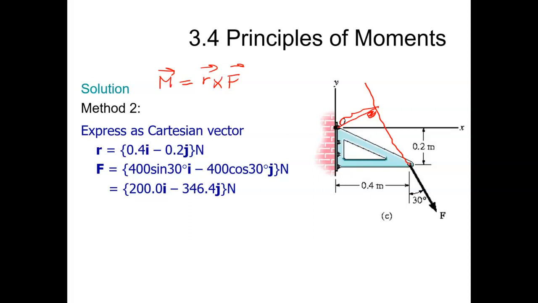So what is r? R is the position vector from here to here. How do I write the position vector? I want to go from point O to this point. First, I draw negative 0.2 j, and then positive 0.4 i. That is the position vector. What about the F? F is negative this component j, positive this component i.